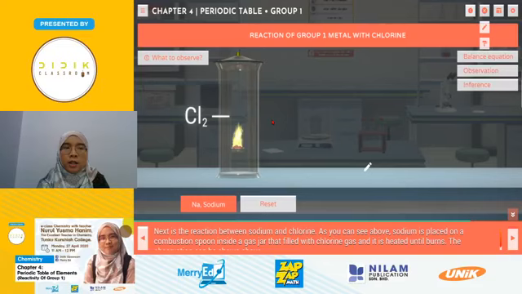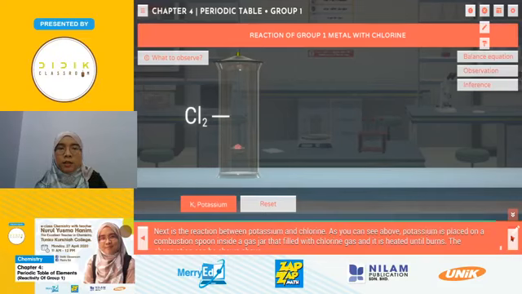Okay, the third one. The reaction of the group 1 metal, which is potassium, with chlorine. It burns more brightly. And potassium reacts with chlorine to produce potassium chloride.